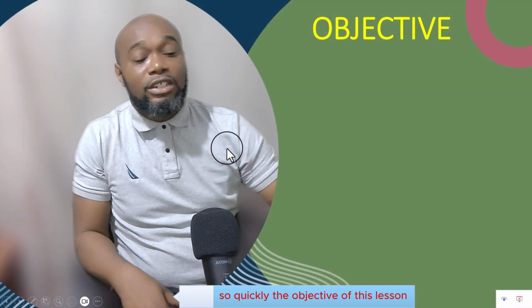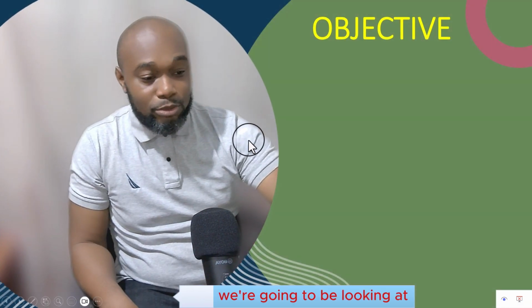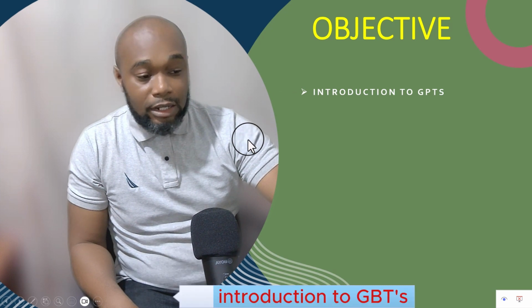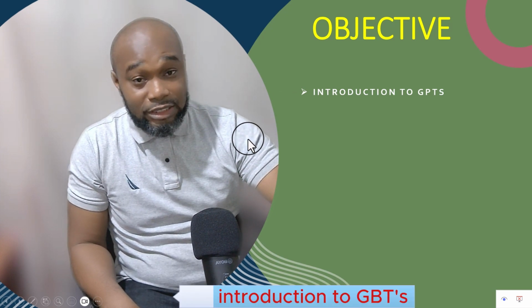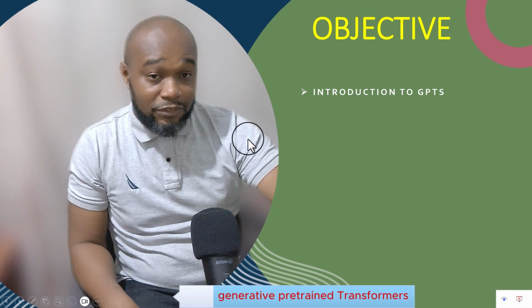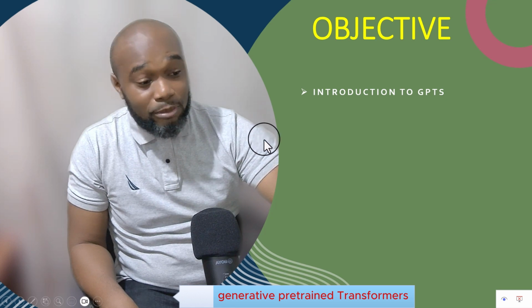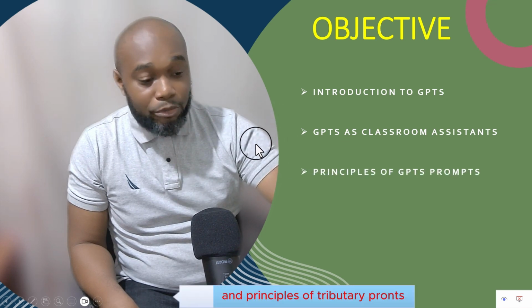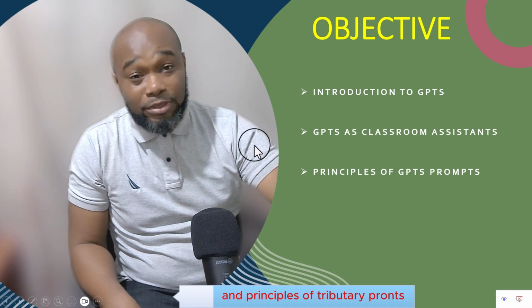So quickly, the objective of this lesson: we're going to be looking at an introduction to GPTs, generative pre-trained transformers, as GPT. Looking at the definition, GPT as a classroom assistant, and principles of GPT prompts.